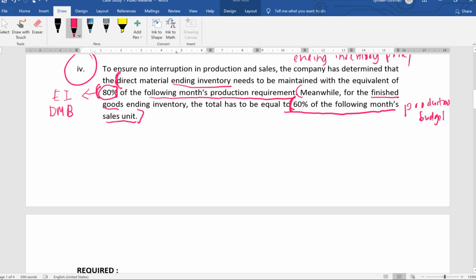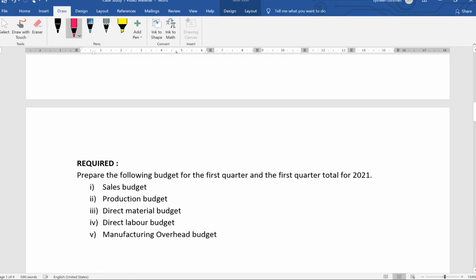Next, what we are supposed to prepare is the first quarter. It is mentioned here for the first quarter. That means even though you are given the information from January until May, we are going to use only January, February, and March, and then you need to find the total for that particular first quarter.